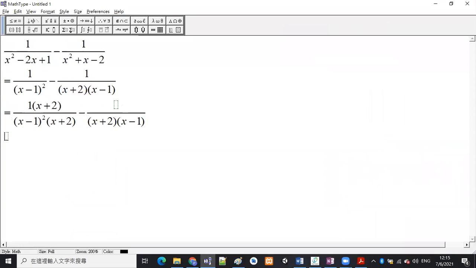Okay, we have x plus 2 and we have x minus 1 to the power 1. But the other fraction, the denominator has an x minus 1 to the power 2. So what we are lacking is another x minus 1.